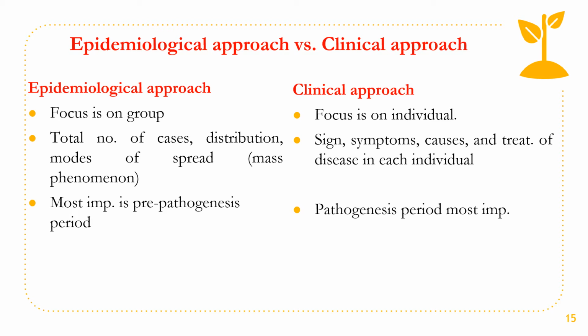If you treat them with medication, most probably we can achieve a good prognosis in the pre-pathogenesis period. In the clinical approach, the pathogenesis period is most important, because when the signs and symptoms are already there, only then will the patient come to the clinic. So at that time you should know the pathogenesis period. So the main difference is that the epidemiologist should know the pre-pathogenesis period.